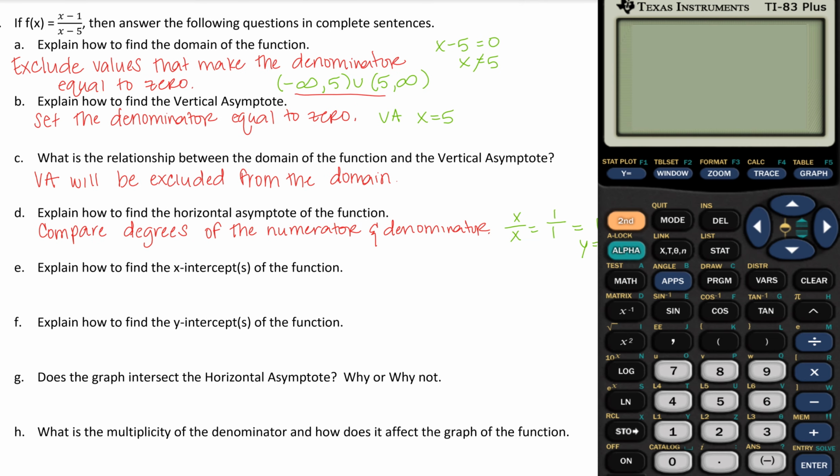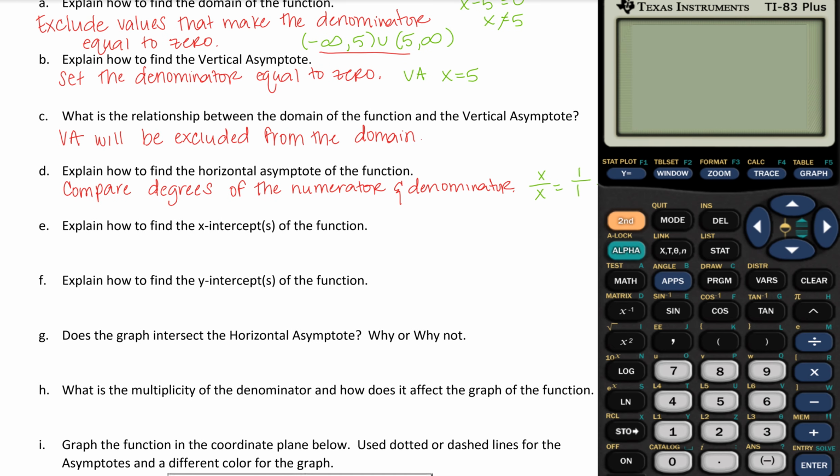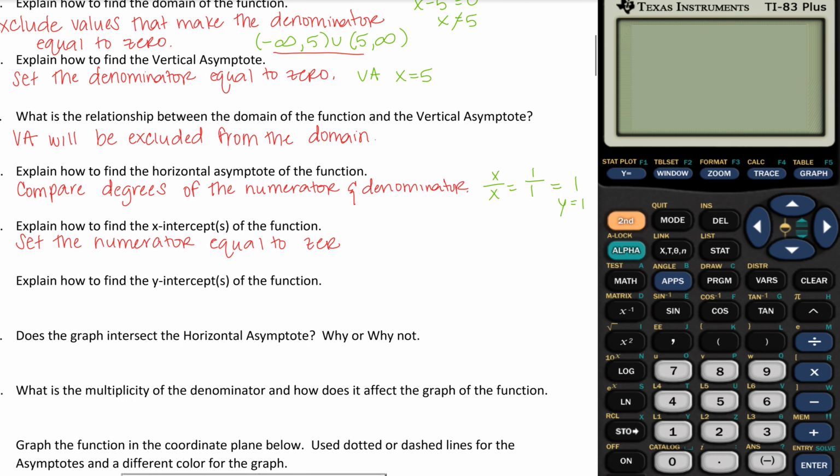All right, it says explain how to find the x-intercept of the function. Well, this one's really easy. We already worked with the denominator, so now we, of course, just have to say set the numerator equal to 0, and then solve for x.